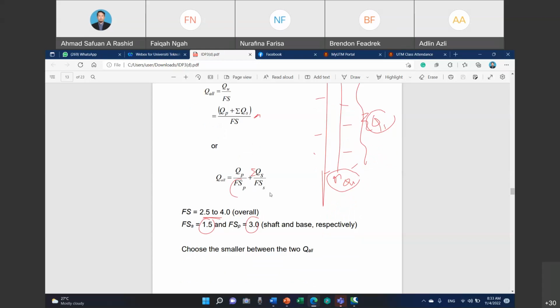So EC7 saya rasa belum di-implement lagi untuk subjek kita lah. Most probably mungkin next semester kot. So there will be a little bit different untuk geotechnical punya design menggunakan EC7. So this is still based on the BS where we just divide with the factor of safety.